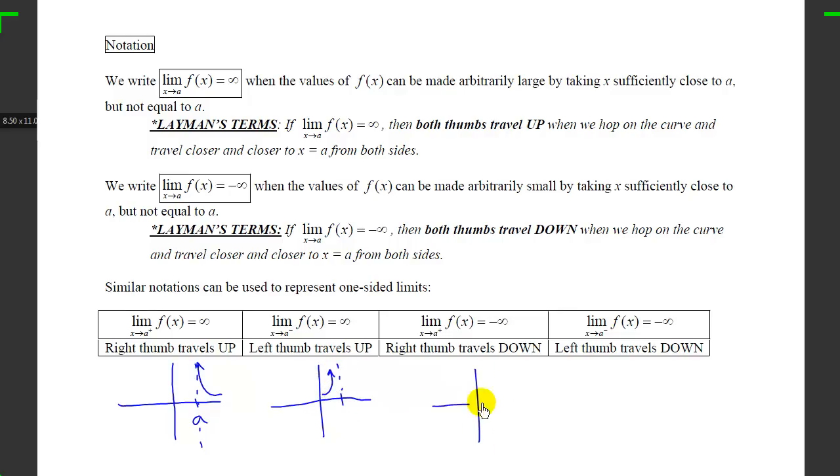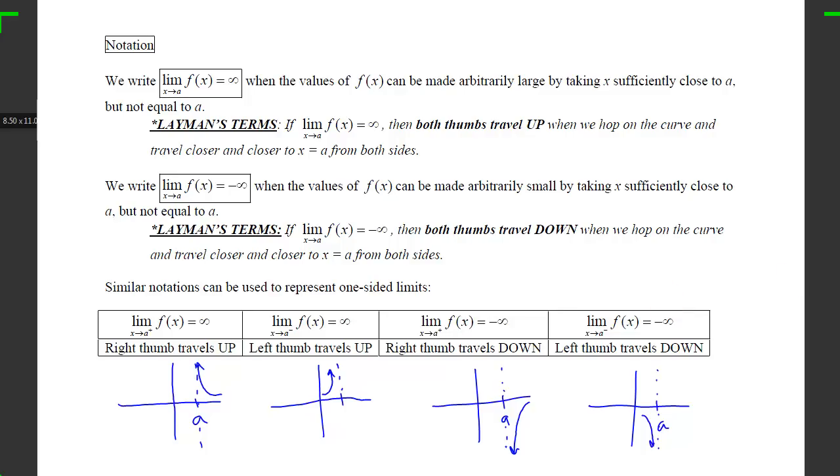This one says as x approaches a from the right, this time the y coordinates are going to head down. And this one says as we approach a from the left, again those y coordinates are heading down. So these are analytical representations of this type of behavior.